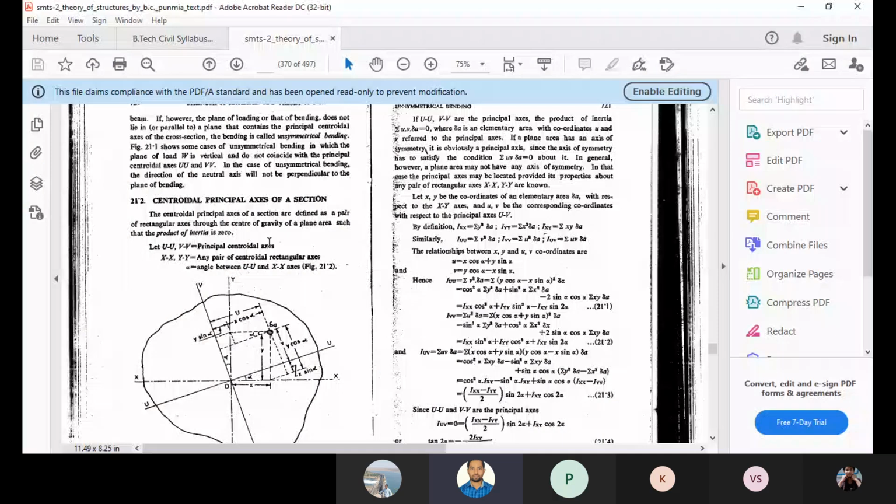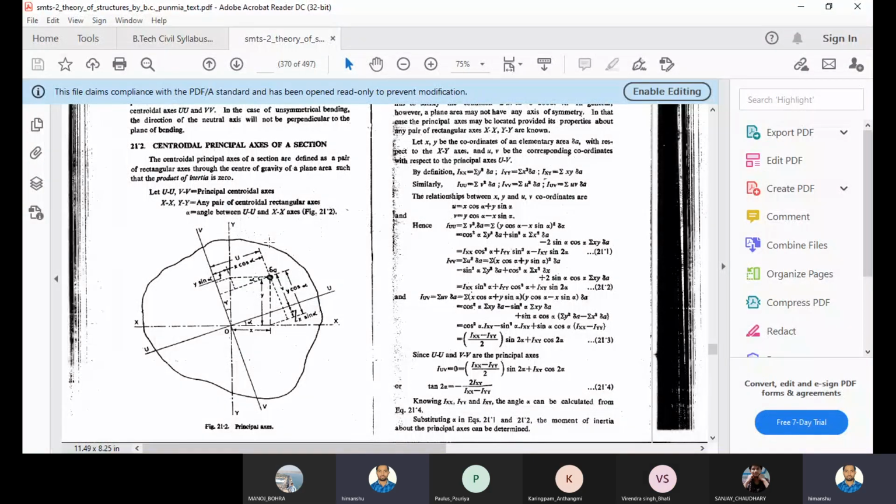Let's see how to find the centroidal principal axis of a section. We can define the centroidal principal axis of a section as a pair of rectangular axes through the center of gravity of a plane area such that the product of inertia is 0.